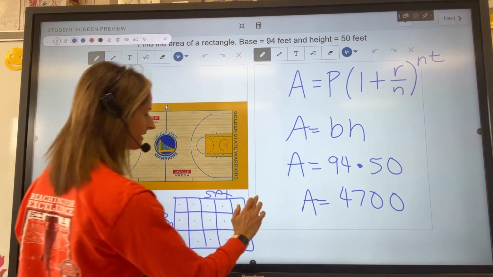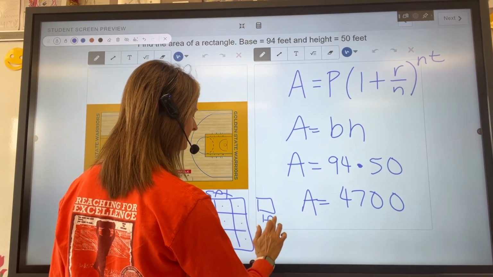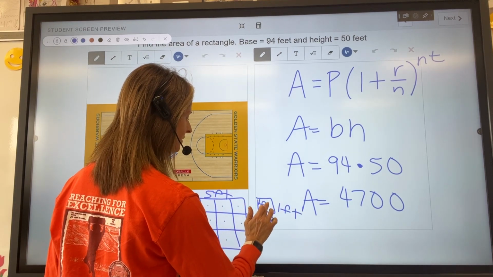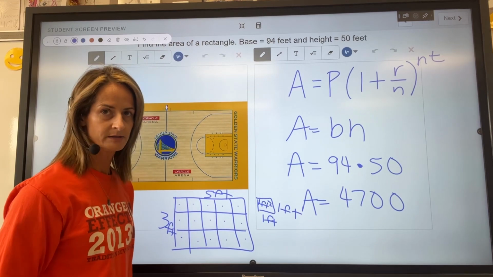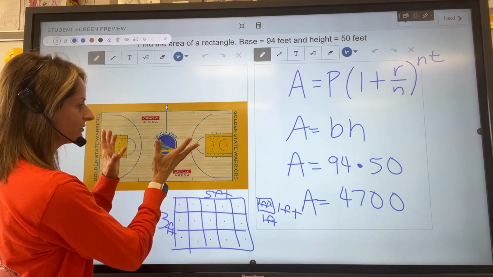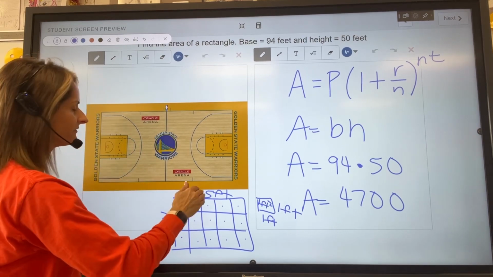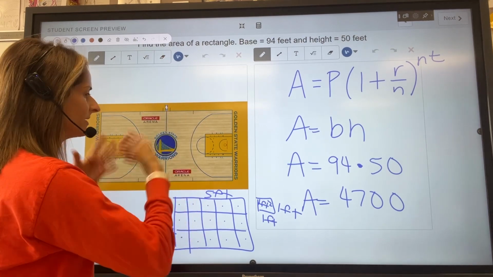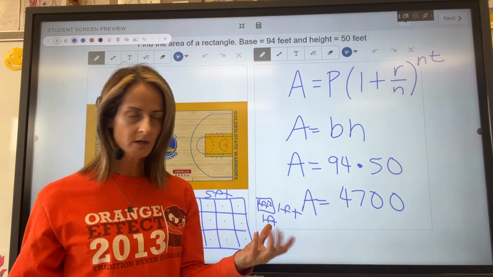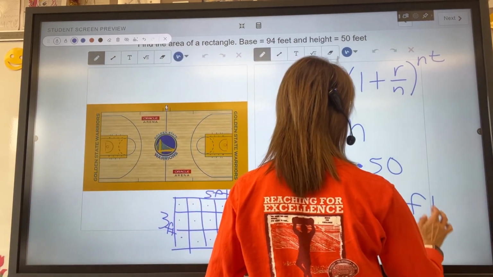Each of these squares is 1 foot by 1 foot, and this is called 1 foot squared. Does that sound familiar? Okay, so if I were to break this rectangle up into 94 by 50, how many blocks do we have? We have 4,700, but it's 4,700, what's the unit? Squared. Feet squared. Can't forget that.